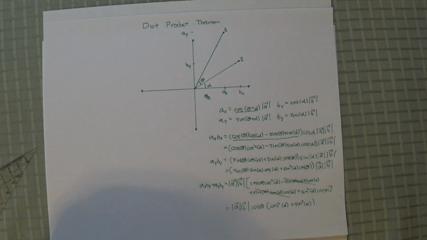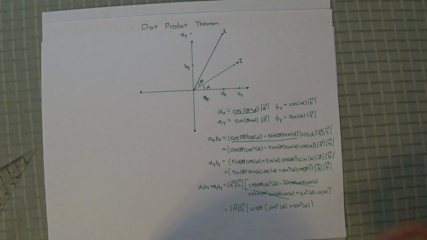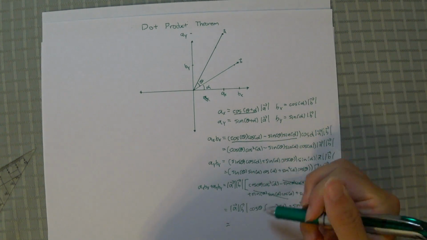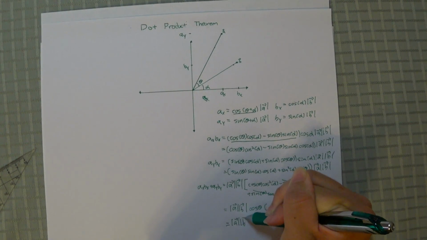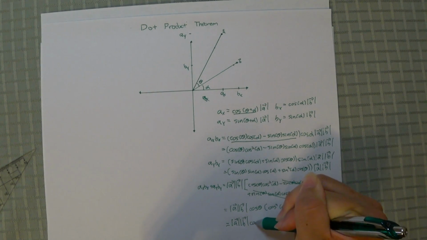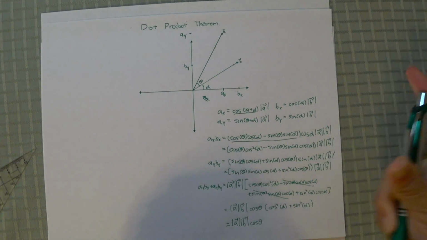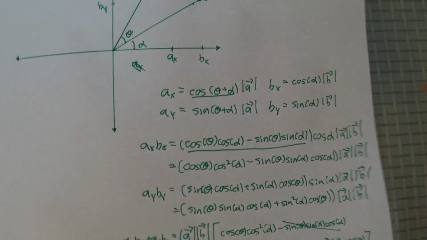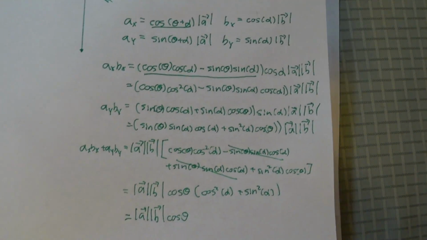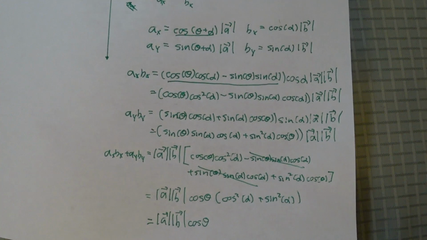And as you all should remember, sine squared x plus cosine squared x equals 1. So this just becomes the magnitude of A times the magnitude of vector B times cosine theta, which is exactly the same thing that we got before, but we just didn't redefine our axes this time.